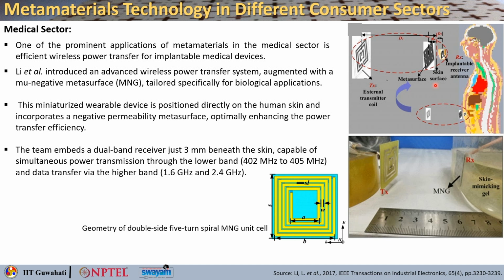a dielectric constant of around 2.65. And the design parameters, here you can see that this particular length is 10 mm, A is 4.6 mm, B is around 9.4 mm, SL, the gap between the lines, is around 0.2 mm, the width of each line is around 0.4 mm, and T is around 1 mm.